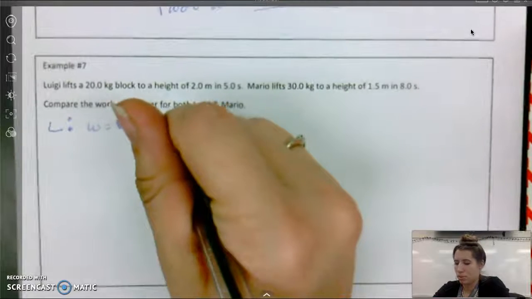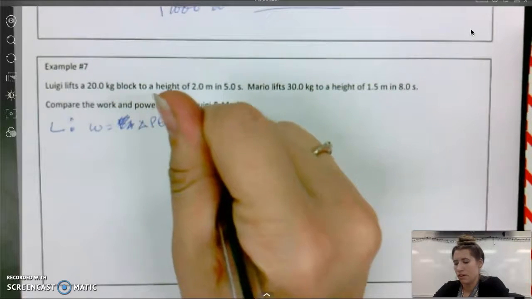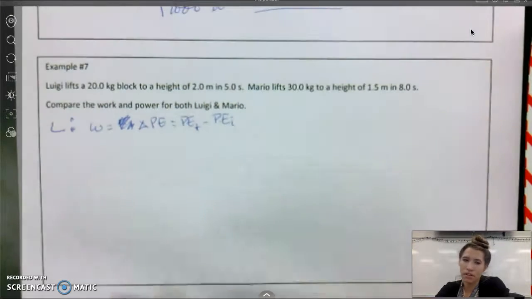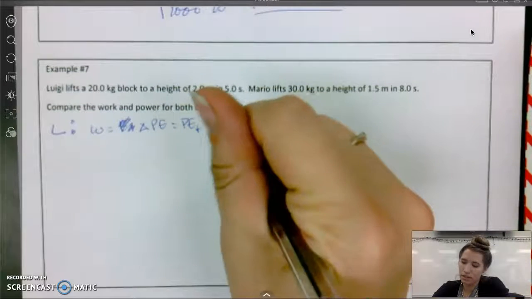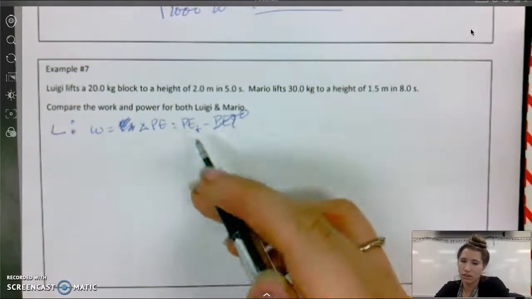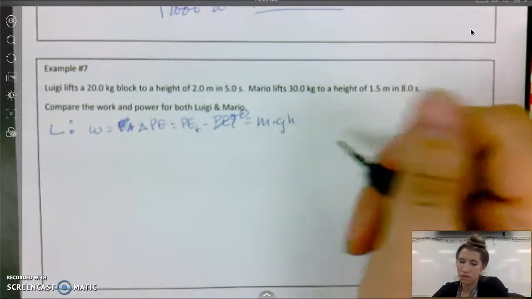And so that would be potential energy final minus initial. He's lifting the block, so we could say initially the height was 0. Okay, so that work is all potential energy final, mass times g times height final.